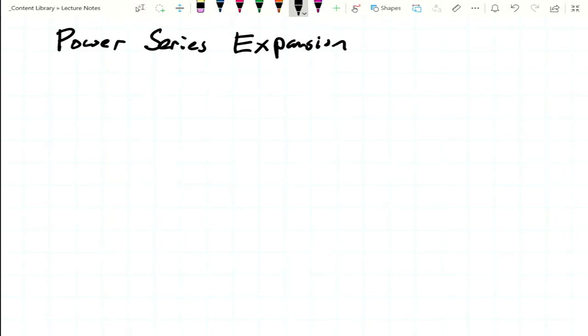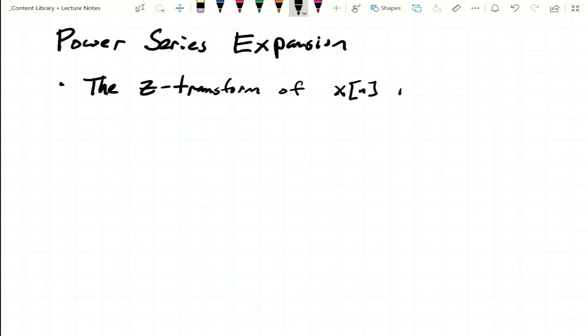Conveniently, the Z transform of x of n is already given to us as a power series.